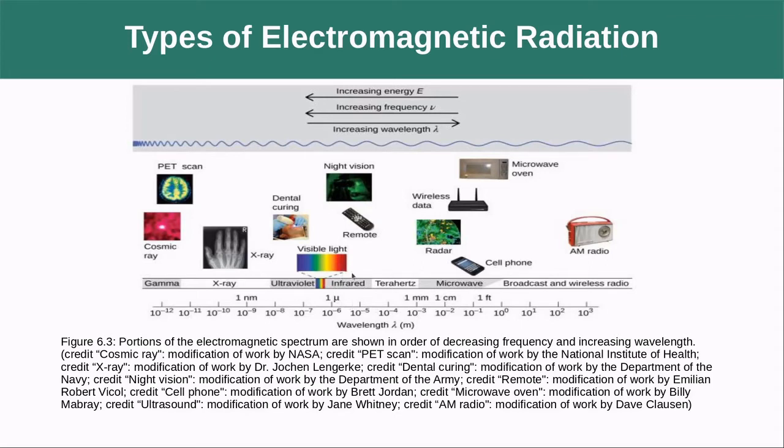Okay. Then we have infrared radiation. We've used these for night vision and remotes and stuff. This radiation is most associated with like heat signatures and heat giving off infrared radiation.